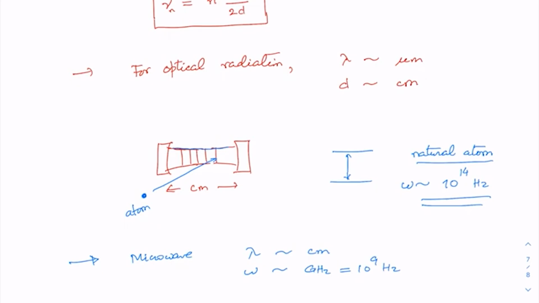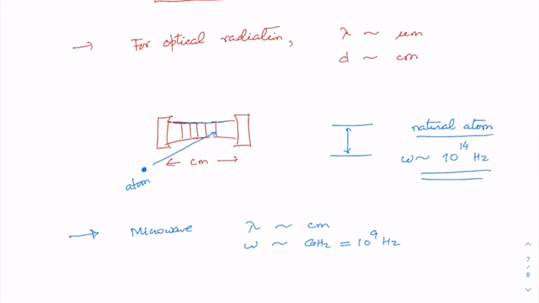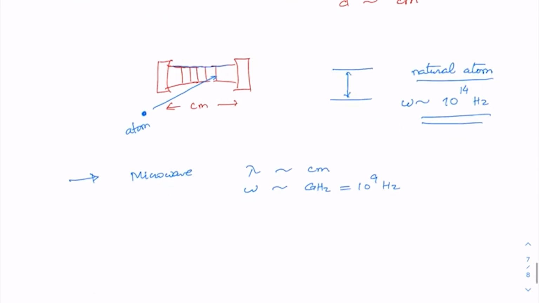So it will definitely be much more convenient to have a microwave cavity, but that microwave cavity should be directly on a chip. We want a microwave cavity on a chip because, as you know, we already have our Cooper pair box that is embedded in a chip, as I discussed earlier.